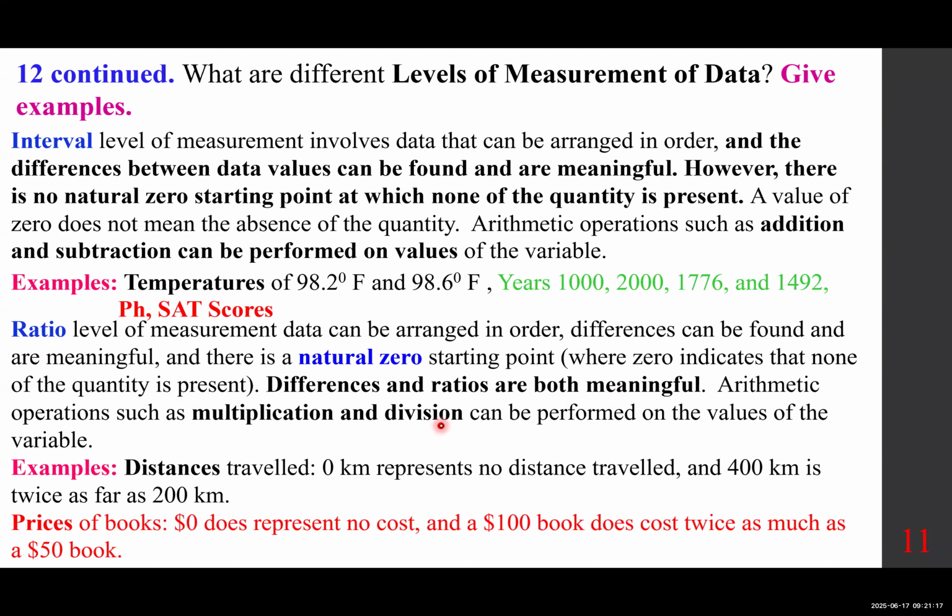What's the difference between an observational study and an experiment? Give examples. Observational study. Observing and measuring specific characteristics without attempting to modify or influence the individual being studied is an observational study.